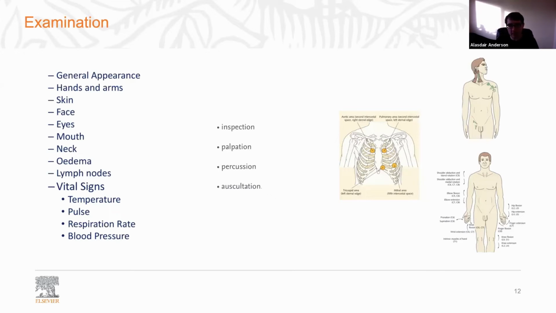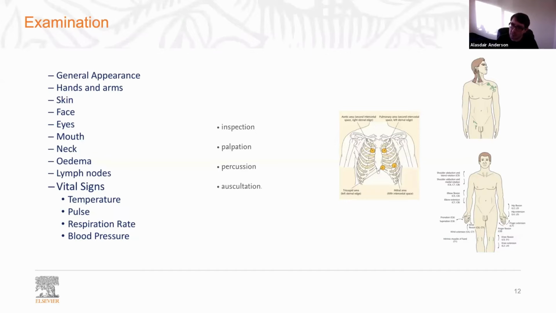Now, you don't need me to go through all of the bits and pieces of the general examination. It's something that you do a lot at medical school, and it's something that you can practice with your friends when you're at medical school. However, it's important to have a structured approach. Get good at doing a general examination.